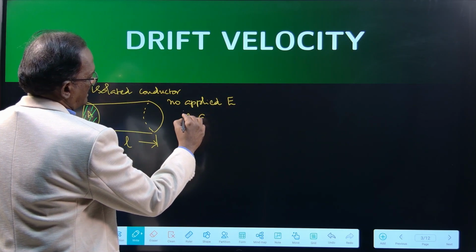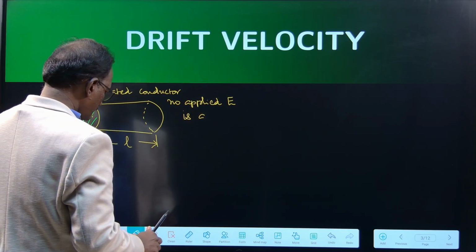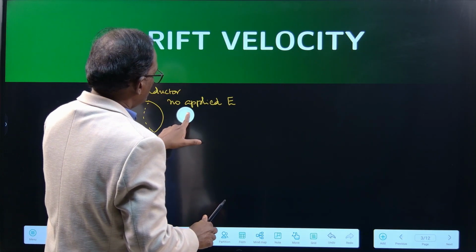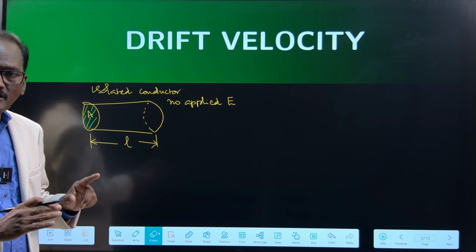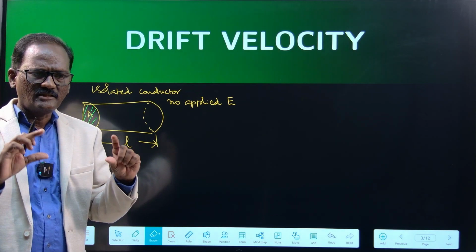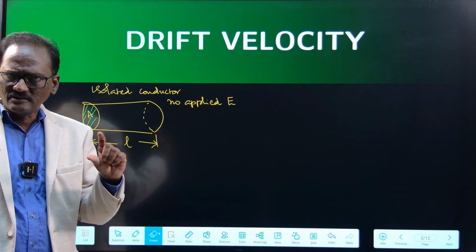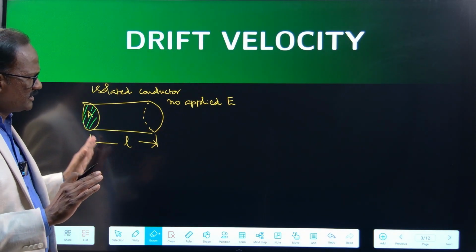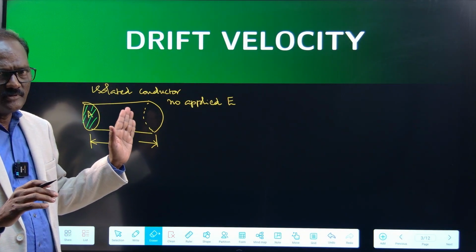No applied electric field. Externally, I have not applied any electric field. I have just put the conductor in free space or in the air, right? No such electric field is available across it.